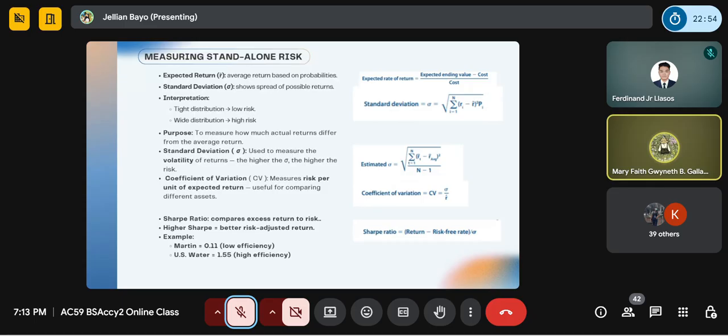This suggests that the risk is too excessive for the return. Then TUS Water's Sharpe ratio is 1.55, high efficiency. This indicates better performance. Next slide please.